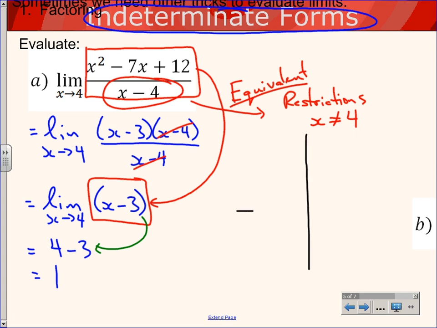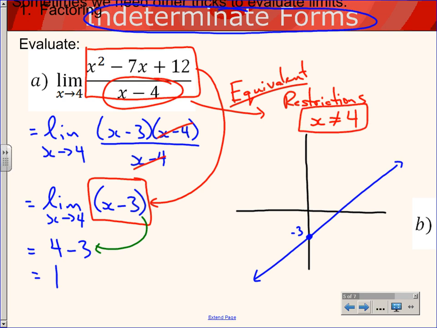If you wanted to think of this graphically, that big function up top, x squared minus 7x plus 12 over x minus 4, reduces to x minus 3, which is just a straight line, right? y equals mx plus b. It has a y-intercept of minus 3, and it has a slope of 1 over 1. So the graph would look like this, as a straight line, except then your restriction kicks in that says x can't be 4, right around there.